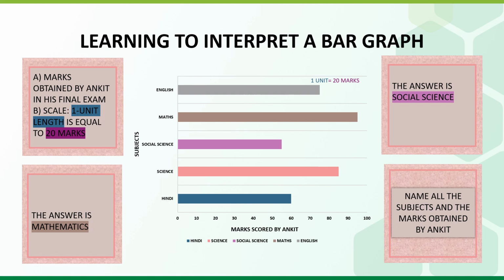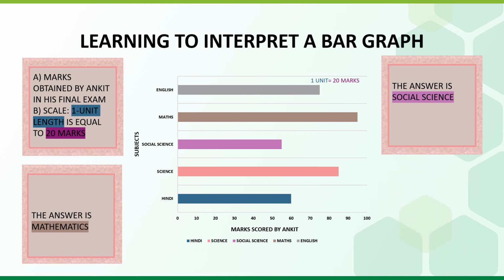Now, name all the subjects and the marks obtained by Ankit. For this question, write down the name of all the subjects and mention the score for each by referring to the horizontal axis.